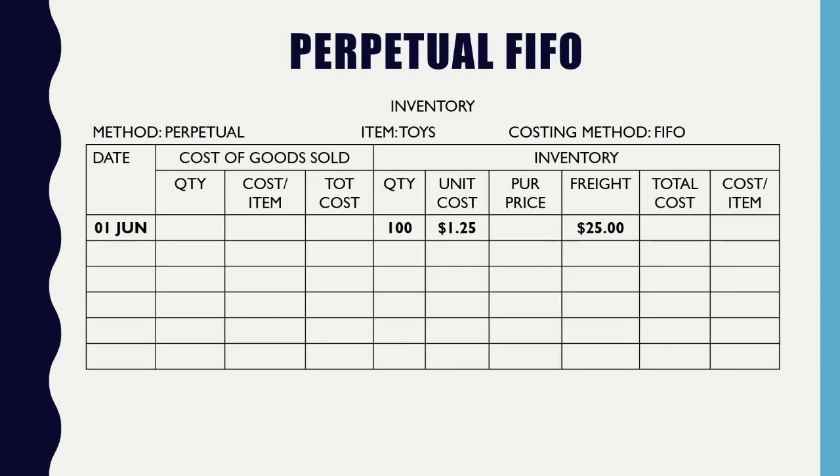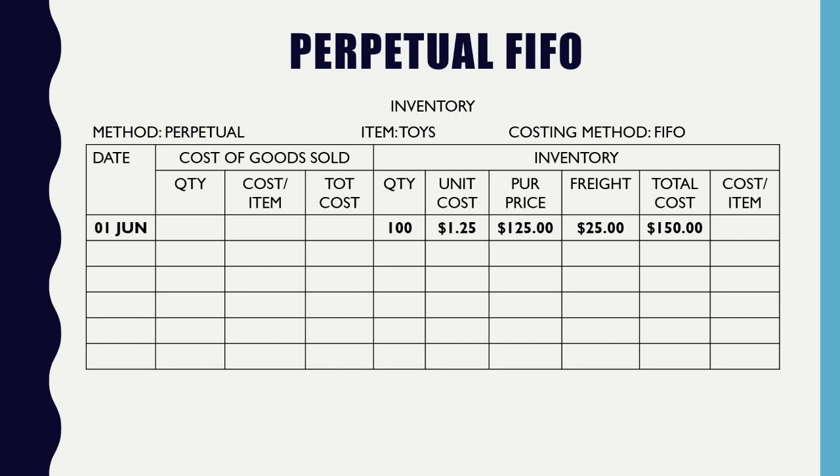So there we go. We're going to plug it into our inventory worksheet just like this, where we have our quantity. Its cost per item is $1.25, and the freight is $25. So just exactly how we did for periodic, we're going to solve it exactly the same, where we get our purchase right here, which is $125 plus my freight of $25 to give me a total cost of $150.